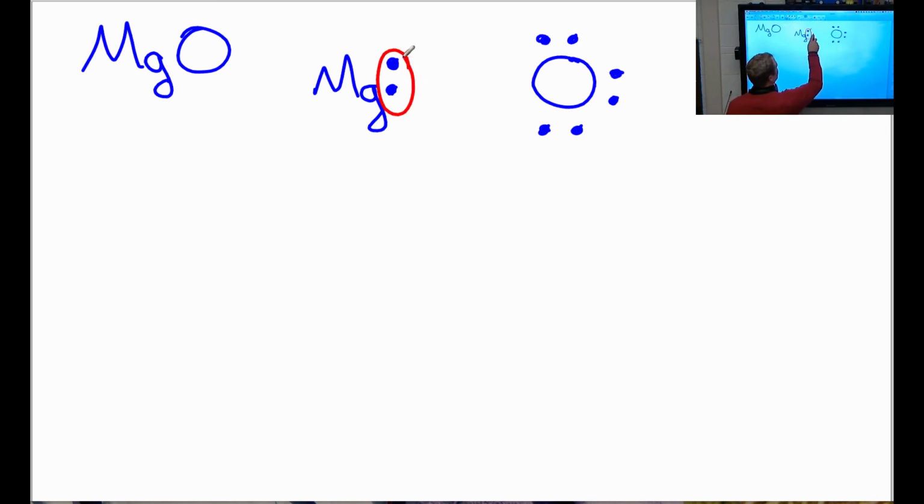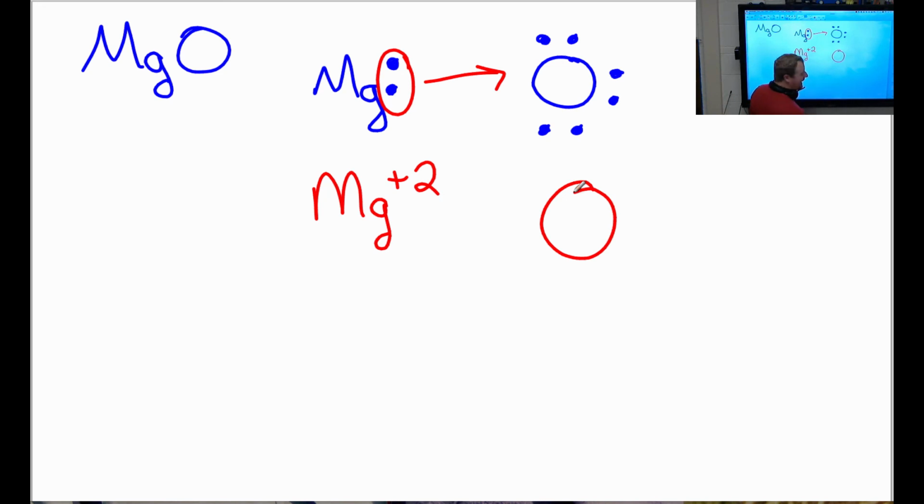Oxygen will rip 2 electrons off magnesium. This changes the way the ion is structured a little bit. Magnesium will not be a +1, it will be a +2. Oxygen will not be a -1, it will be a -2. Okay, it's all about the number of electrons undergoing this transfer process.